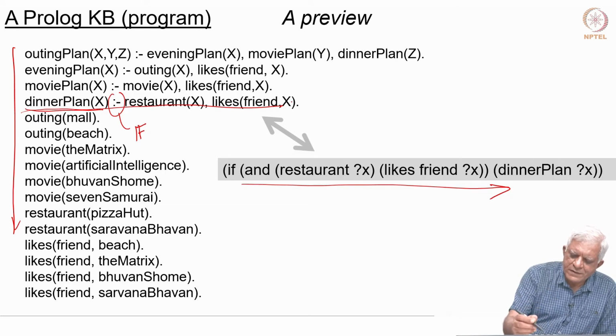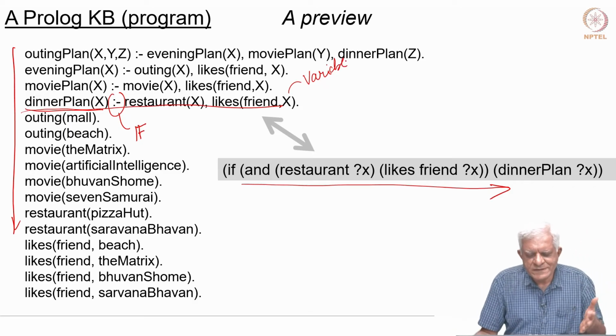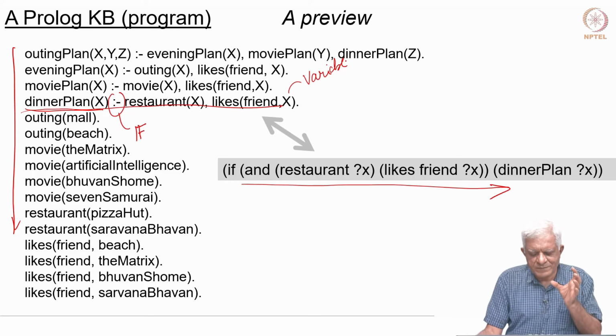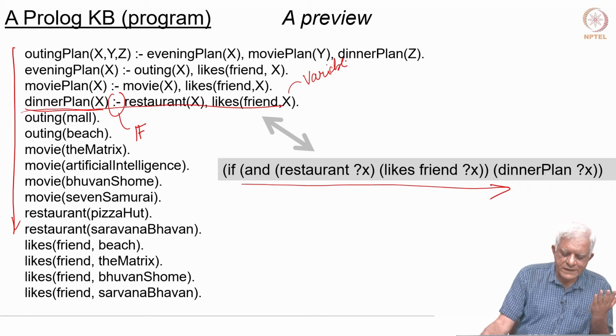In Prolog, uppercase is a variable. This is a Prolog convention. In our logic discussion, we said you can mark a variable by a question mark. Prolog has its own ideas, and they say if you have variables, they must be in uppercase. If you have constants, they must be in lowercase.